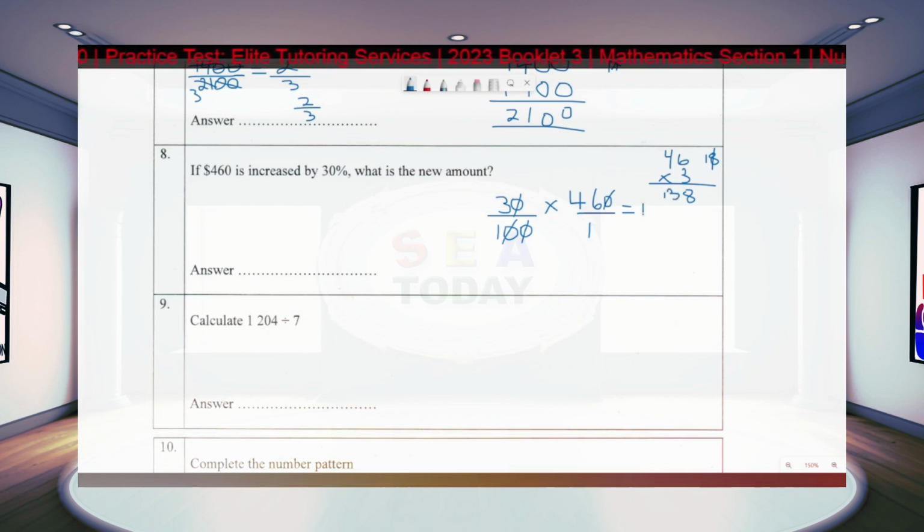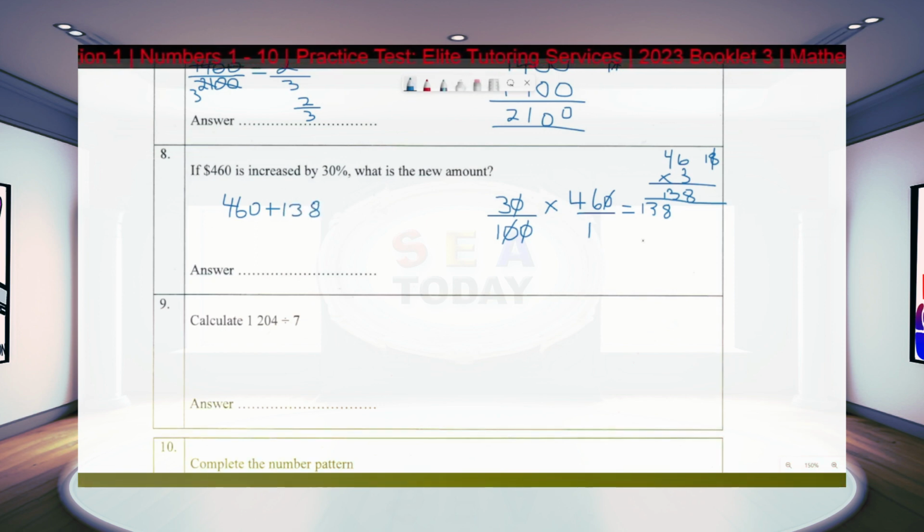So we have 138. This is how much we want 460 to increase by. So the new amount, we're going to increase 460 by 138 by simply adding.